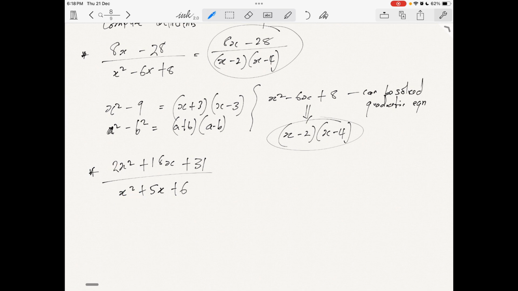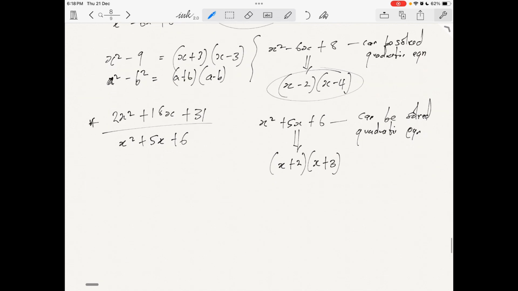Now, can we reduce it to give us linear factors? If yes, let's try. We consider x squared plus 5x plus 6. It can be solved using quadratic equation, whether using a calculator or something, and we have it to be x plus 2 and x plus 3.